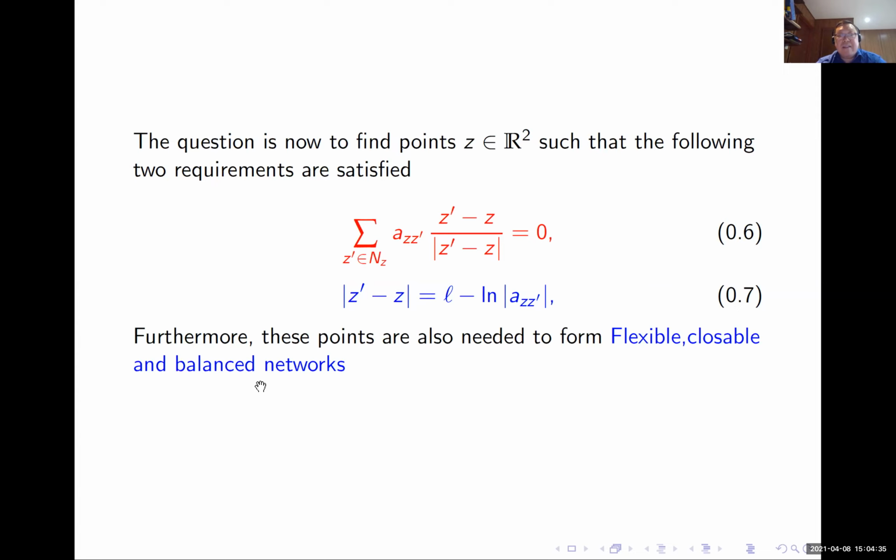The network should be balanced, closable, and flexible. For the definitions of these concepts, you can look at the paper. So this becomes just a network problem.